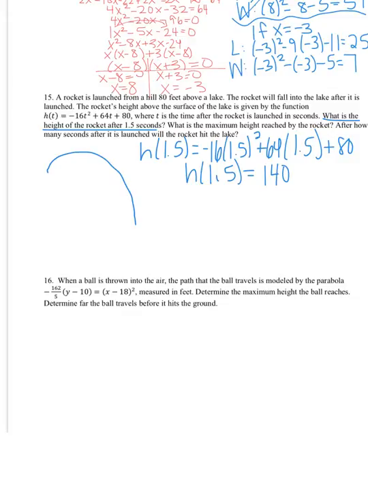Second question, what is the maximum height reached by the rocket? So the maximum height, you are going to find, right, the maximum is the vertex of the parabola. So you have to put this equation into its vertex form. So this is for the second part. So we're going to say y equals negative 16t squared plus 64t plus 80.